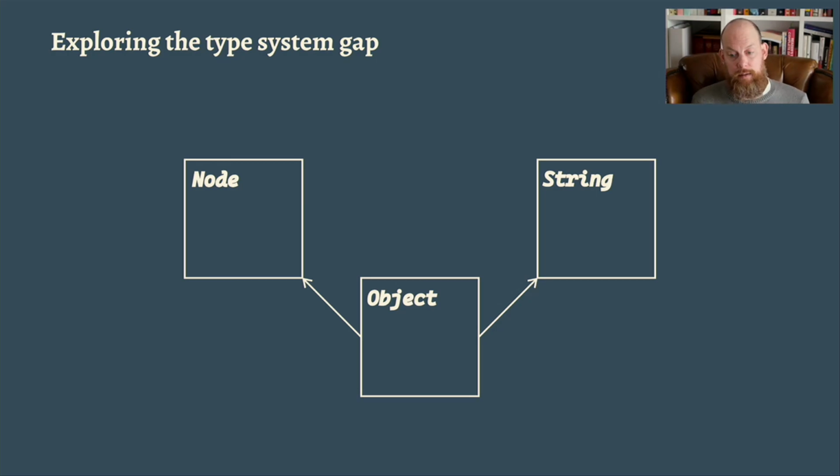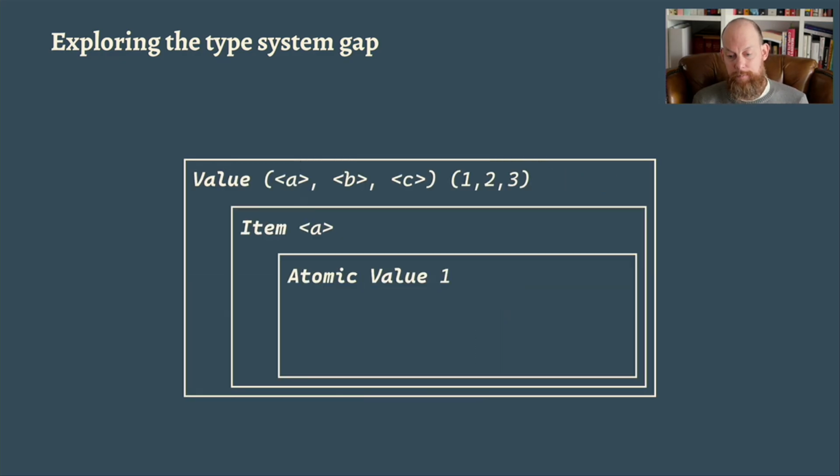Here we can look at a very simple diagram of some classes in a type hierarchy, with object at the bottom, and node and string both inheriting from object. Obviously, an interesting wrinkle here is that we might consider string in many places to be a primitive type, but in Java it inherits from object.